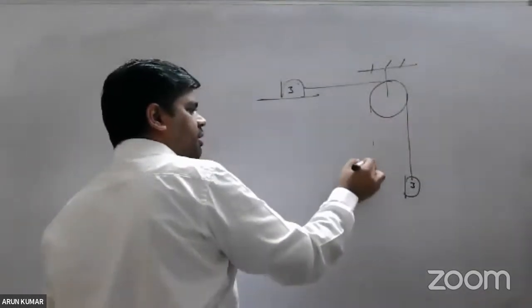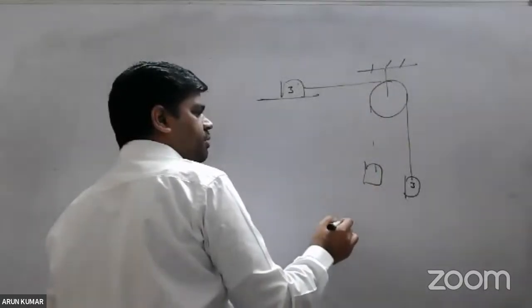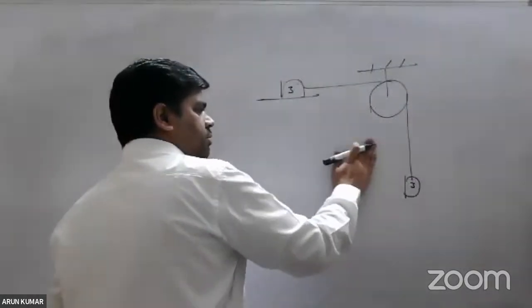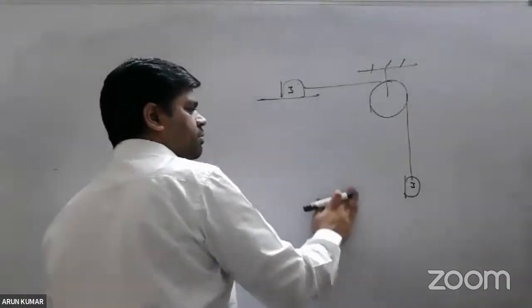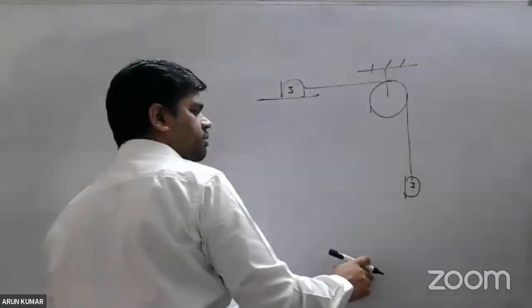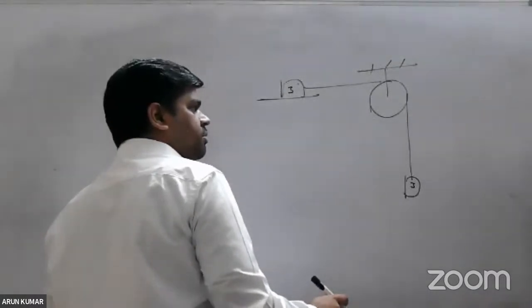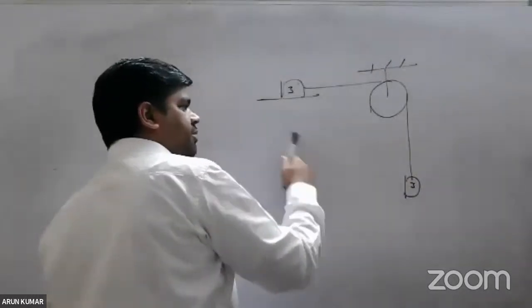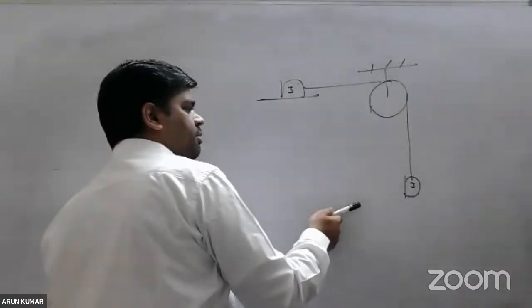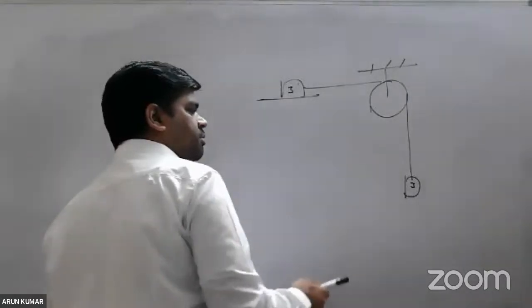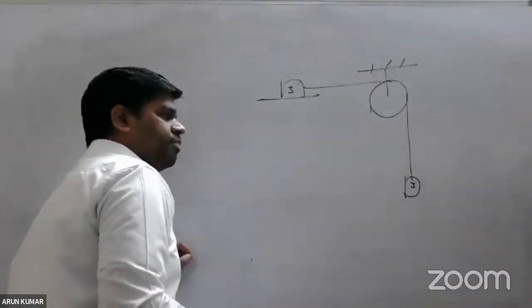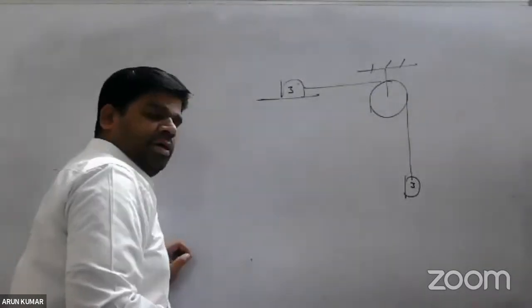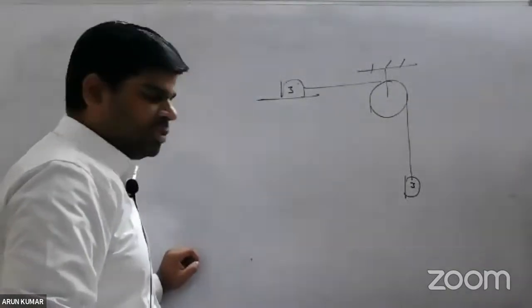If this were vertical, then the acceleration would be 0. 3g minus nothing by total mass, 3g by 6, g by 2, right?